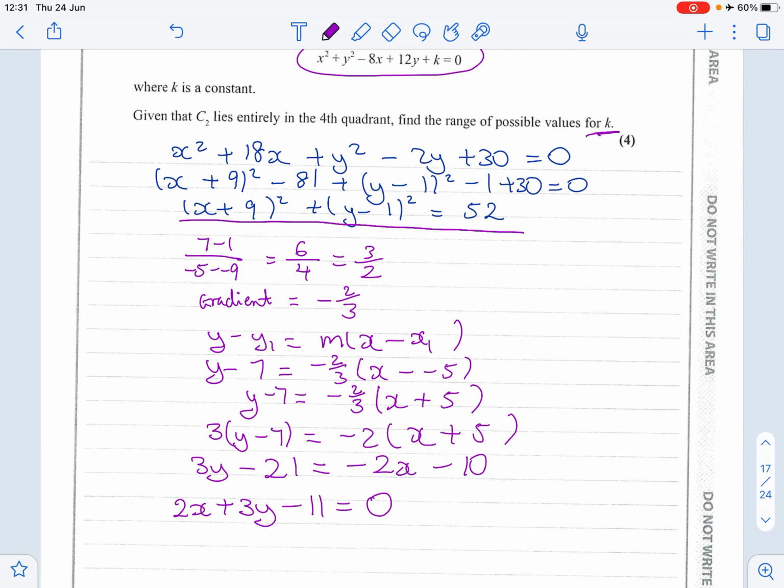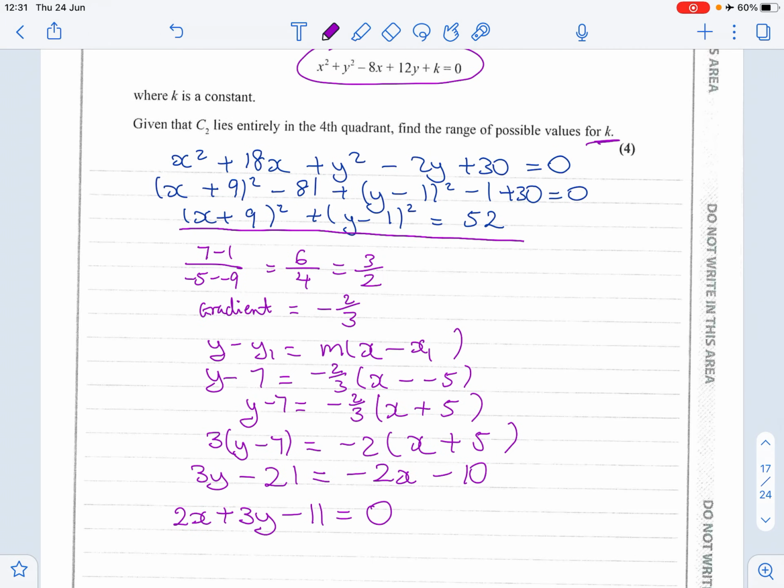So we have x squared plus y squared minus 8x plus 12y plus k equals 0.